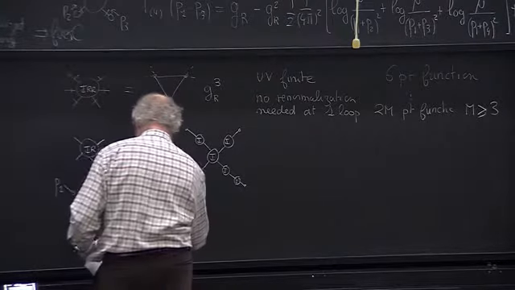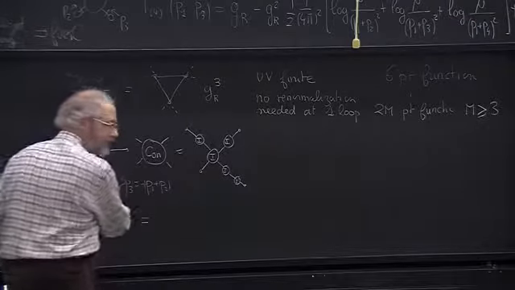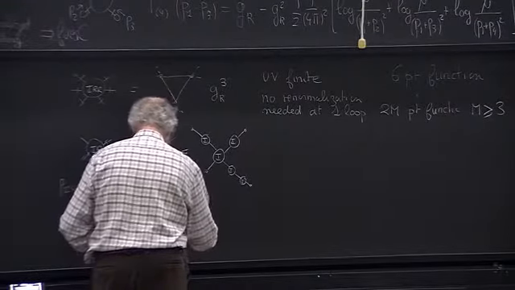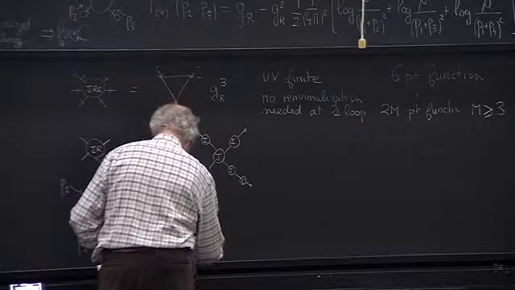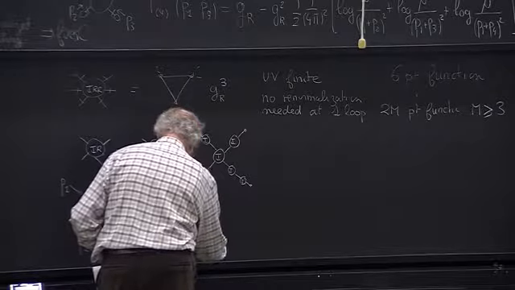So this diagram in momentum space, and then you have a momentum K inside that. So the Feynman rules is that you have to integrate over K, divided by 2 pi to the fourth. That's not important.